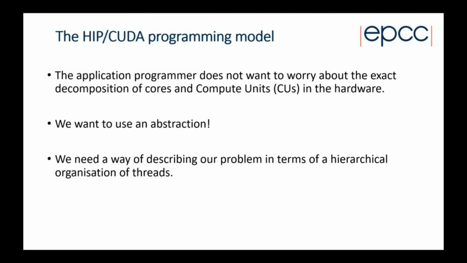Now we understand a little bit about the elements of a GPU and how it's different. How do we now control that? The application programmer doesn't want to worry about the exact decomposition of cores, compute units, and the hardware in general. We want a nice, easy-to-use abstraction which deals with all that underneath, where we can control it if we want to be able to get performance.